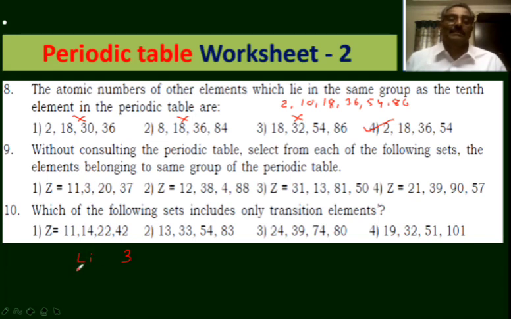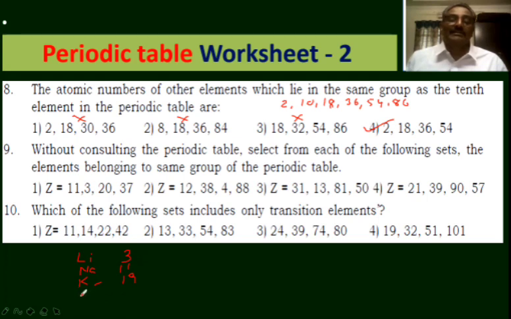We get the atomic number of sodium, the next element, by adding 8. The atomic number of sodium is 11. Same group. By adding one more 8, we get the atomic number of the next element, potassium, that is 19. Two 8s are added here.